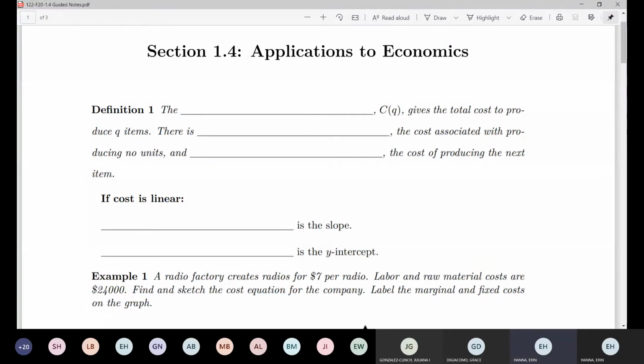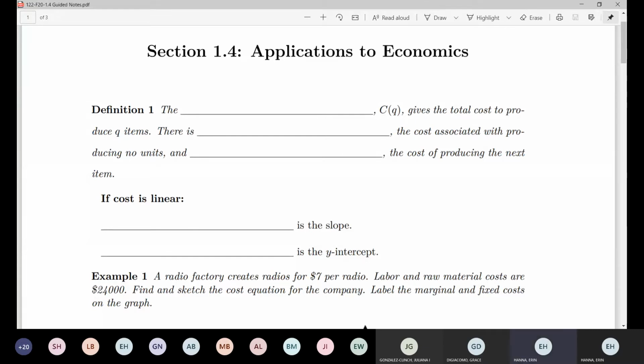So 1.4 is all about applications to economics, and this is where we start getting into more of the businessy side. This is like baby business, but we touch on it a little bit.